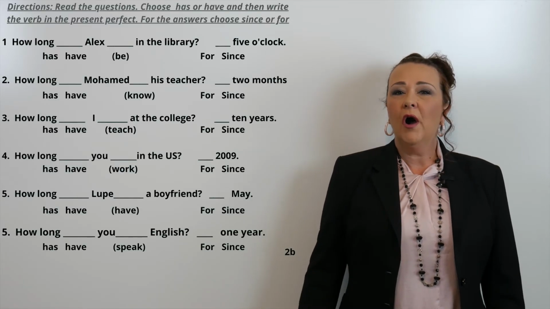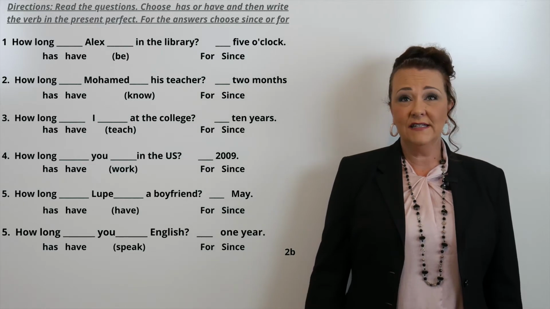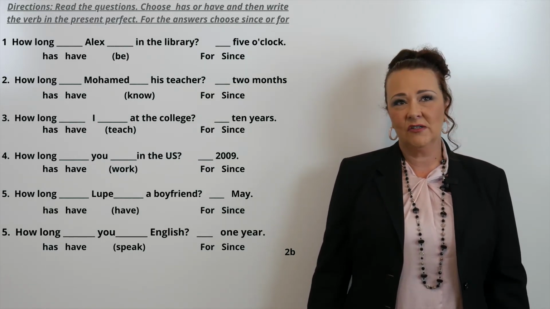So we're going to practice this activity right now. Before we start though, remember that we use since for a specific point in time and we use for a period of time. On your screen, you're going to see 6 sentences that are questions and answers.